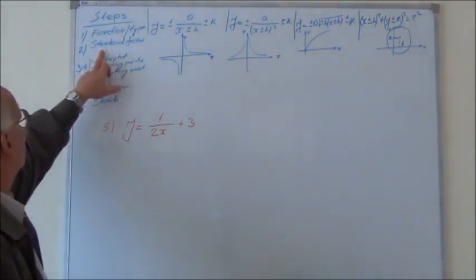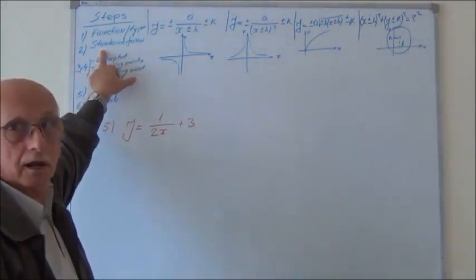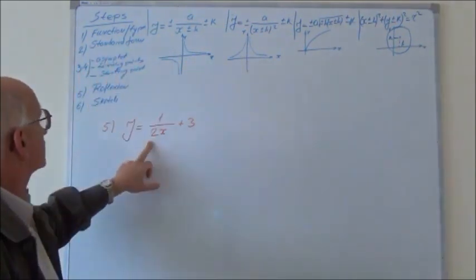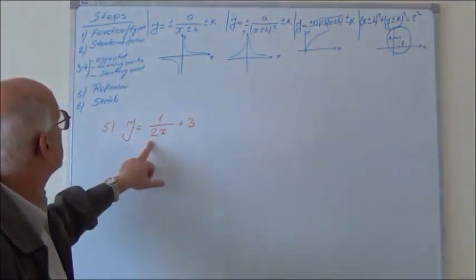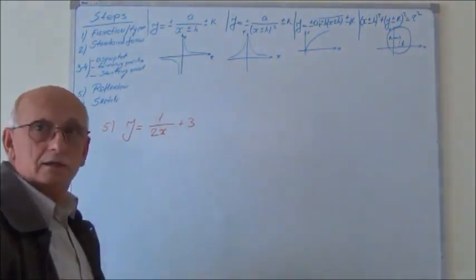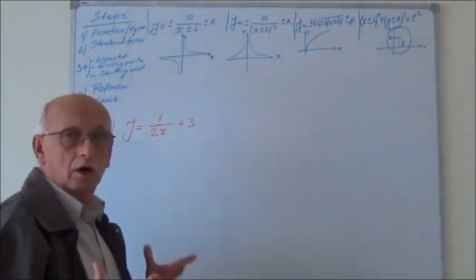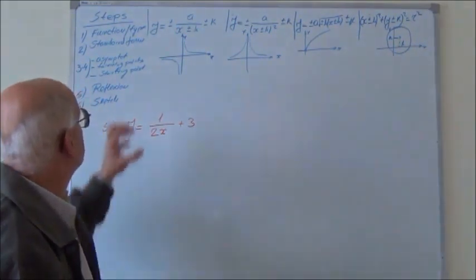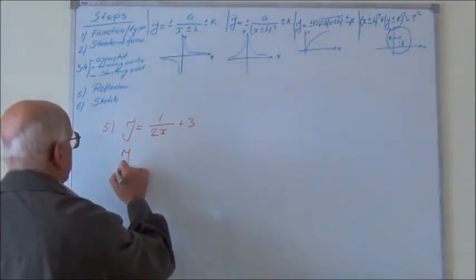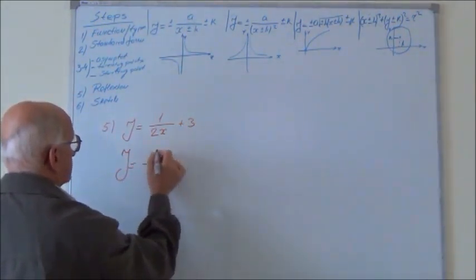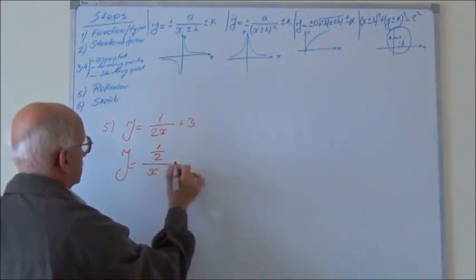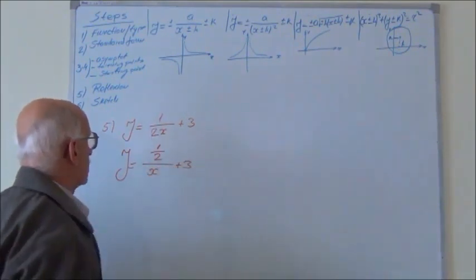Maybe we can't claim that it is 100% in standard form. Maybe just a little adjustment is needed to get to that form. It's not really necessary to do that, but anyway, it's better to try to understand the importance of that formula. If we adjust this, we can write 1 over 2x and plus 3.